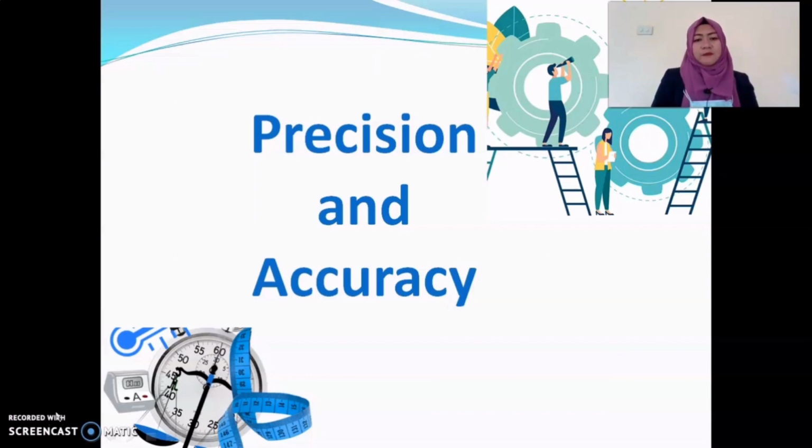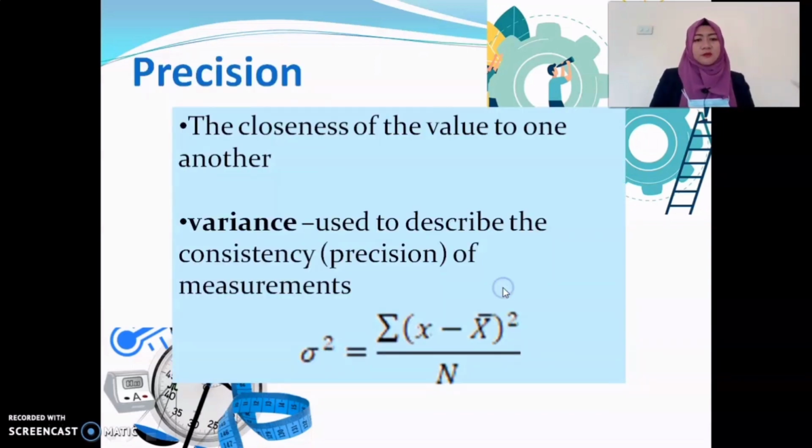This is where precision and accuracy come in. Precision is the closeness of the values to one another, and you can describe the consistency of the measurements numerically using variance.